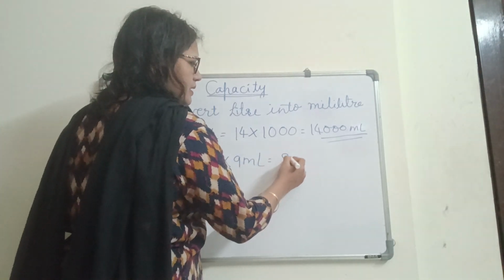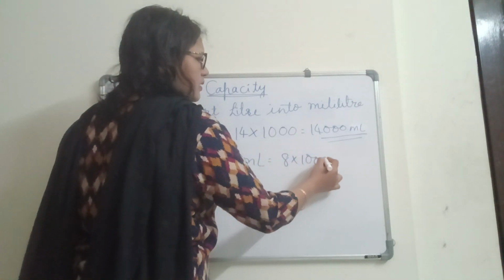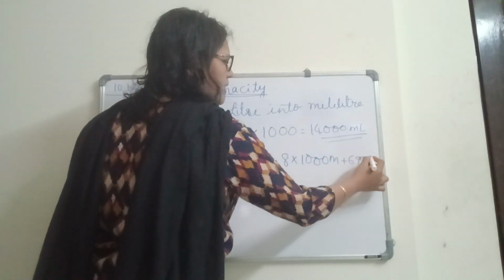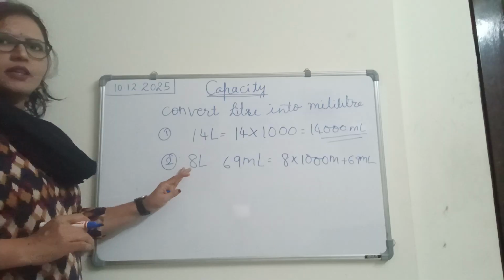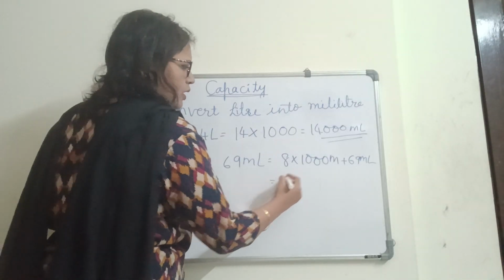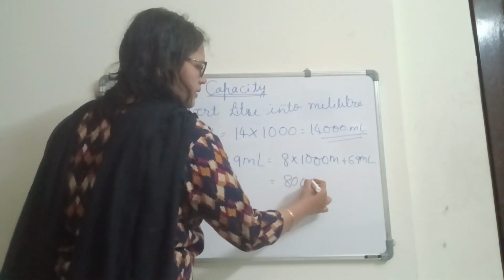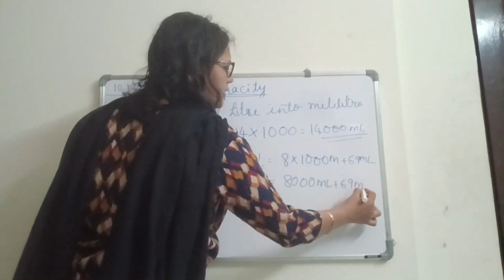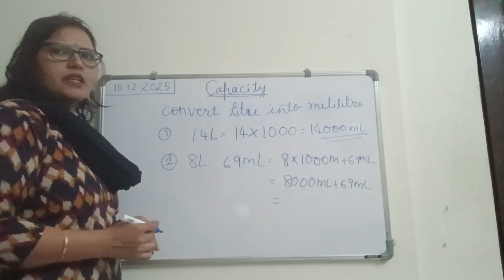So how to convert this? 8 into 1000 milliliter plus 69 milliliter as it is, because we are doing conversion only for the 8 liter. So here 8000 milliliter plus 69 milliliter. Now both are in milliliter.